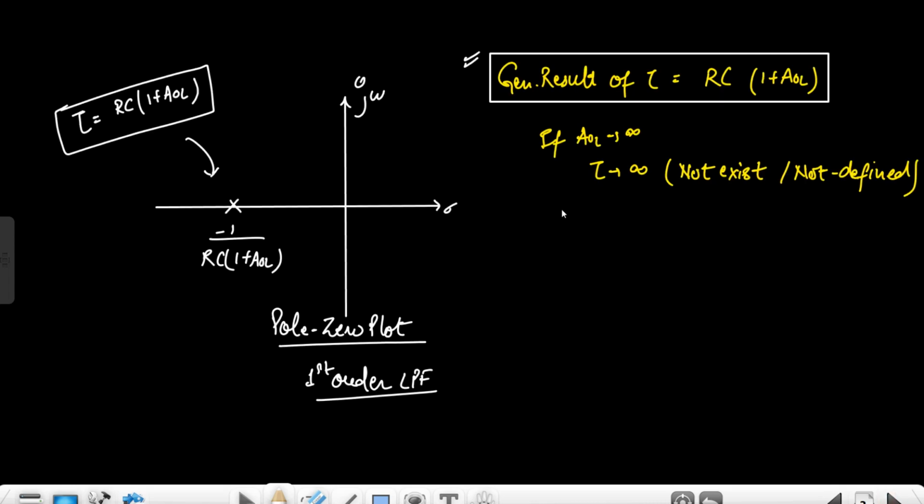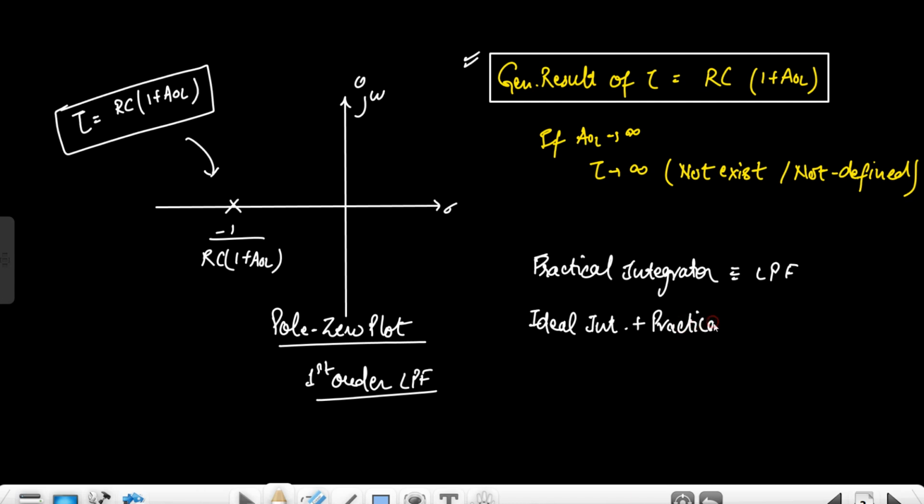So this is a good concept, that the practical integrator circuit behaves as a low pass filter, right? Similarly, we can have a low pass filter from an ideal integrator also, but the op-amp should be practical.